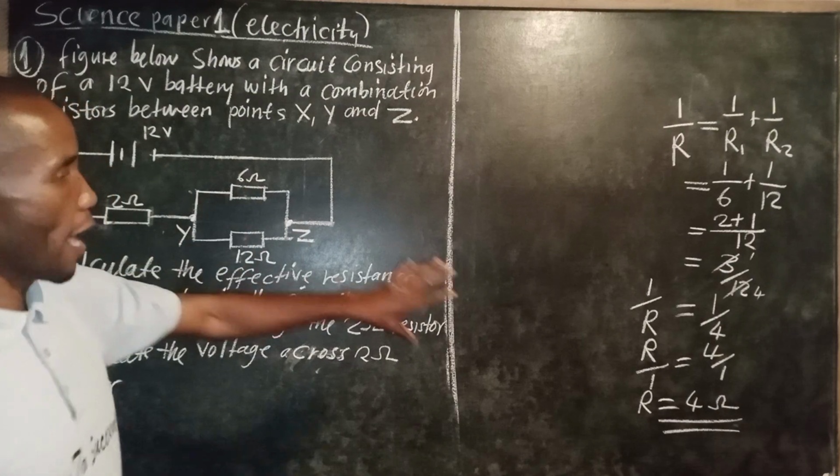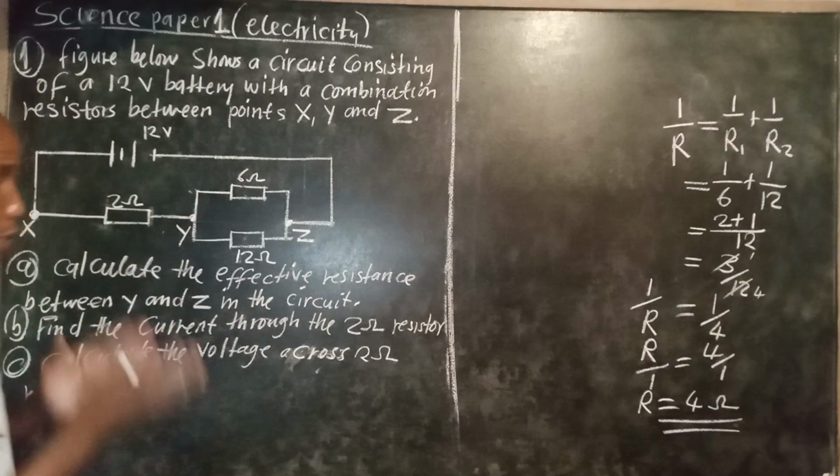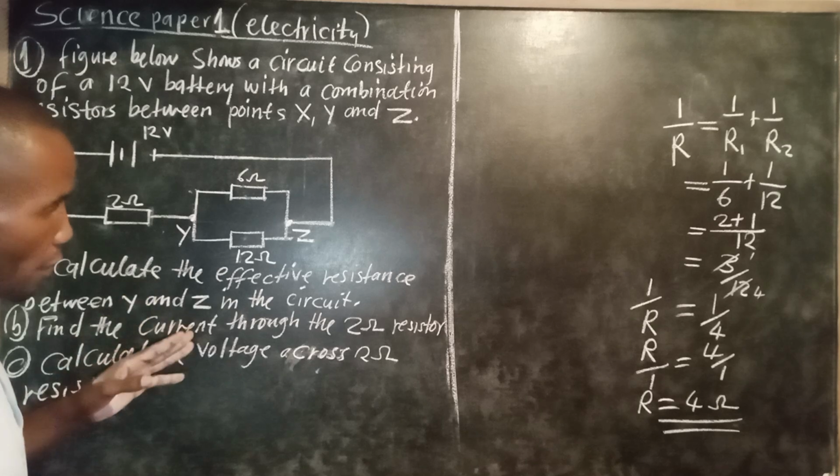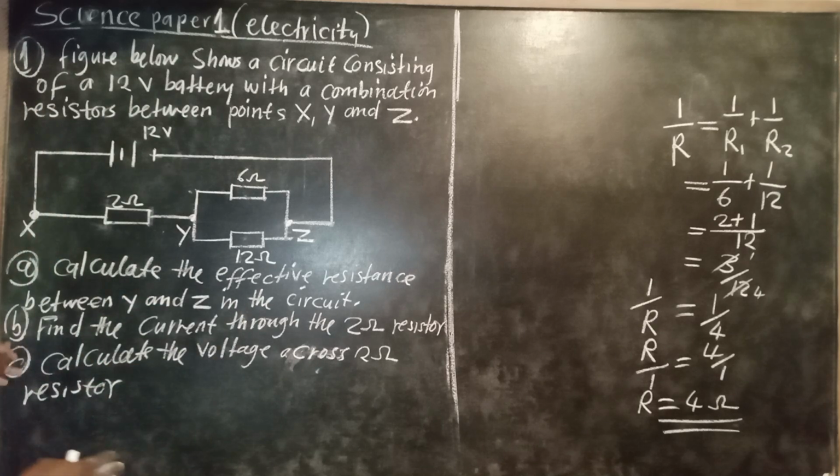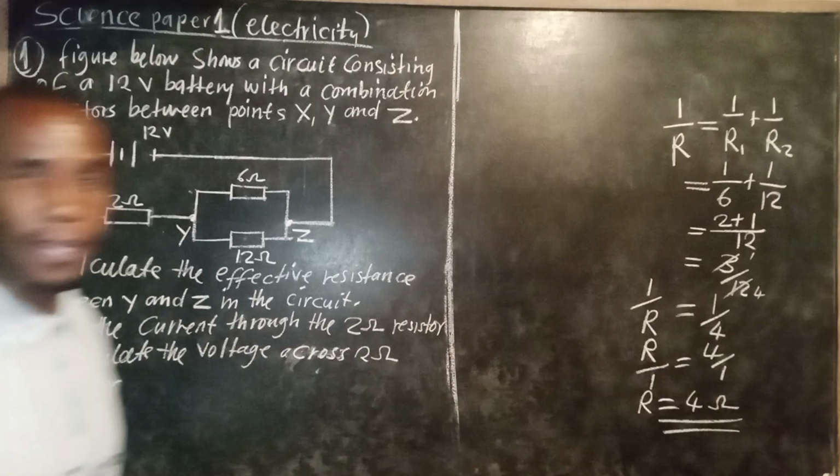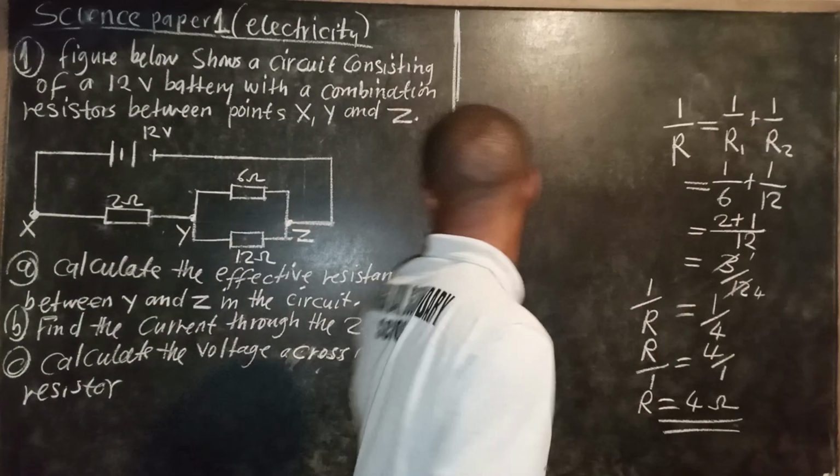Therefore, the answer. So that is the effective resistance between these 2 points. Okay. So after we have done with that one, that is 2 marks alone. Then we go to question B. Find the current through the 2 ohm resistor. Okay. Current through the 2 ohm resistor.